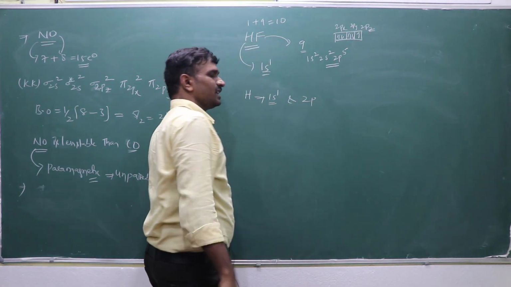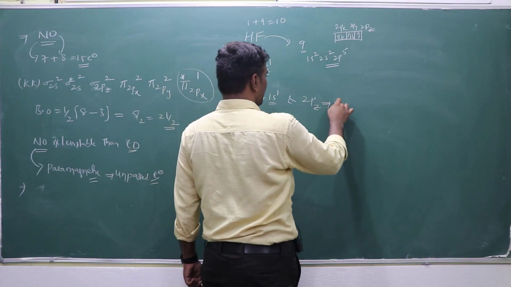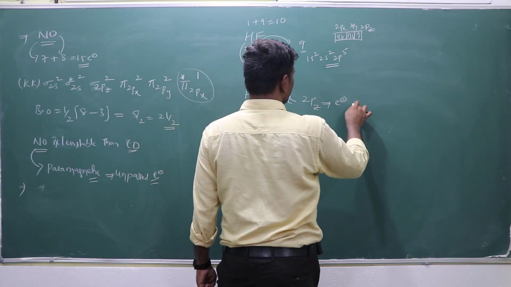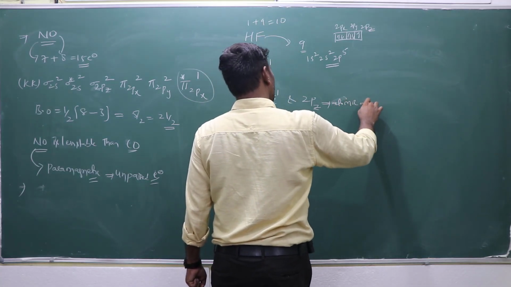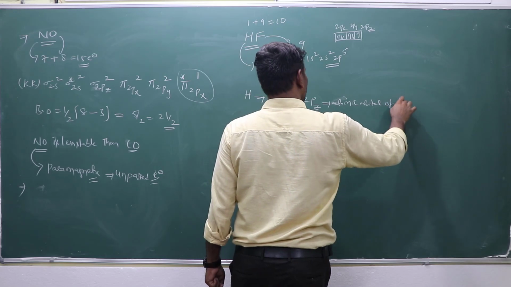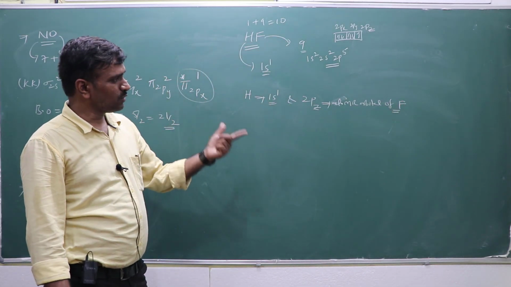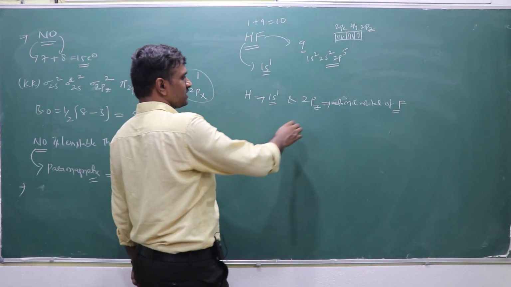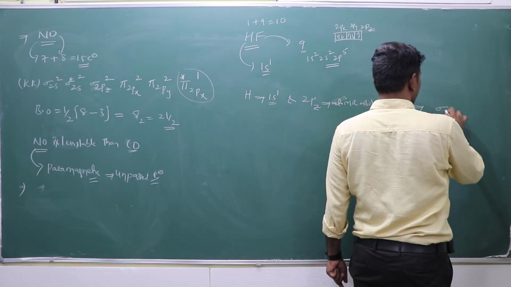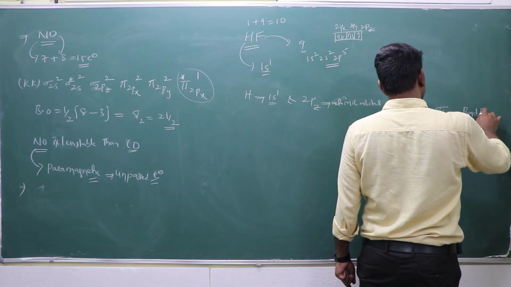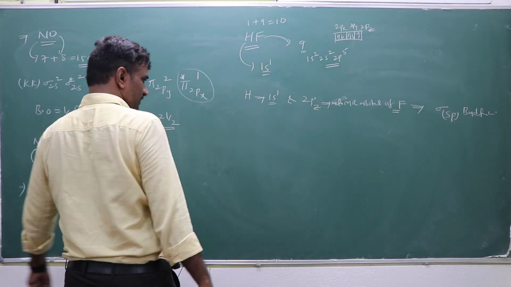One electron is there in the 2pz, that means the 2pz atomic orbital of fluorine. The 1s of the hydrogen atom and the 2pz of the fluorine combine, sigma bond formation takes place, sigma sp bond formation.